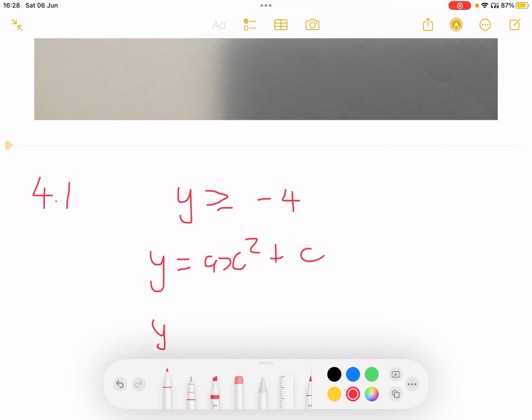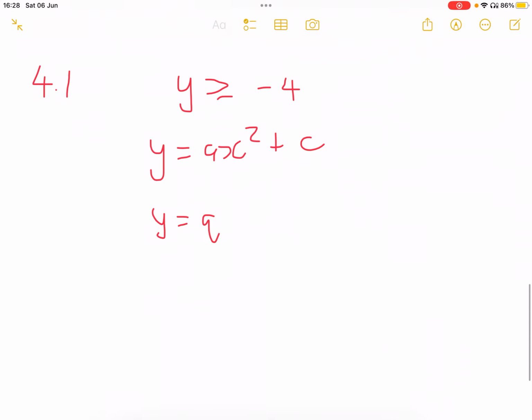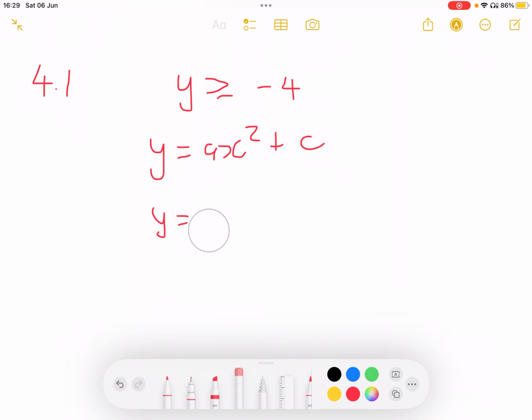So y is equals to c, which is equal to -4.